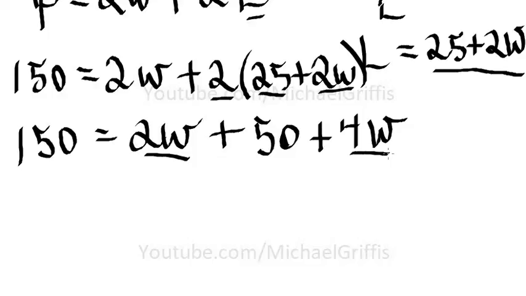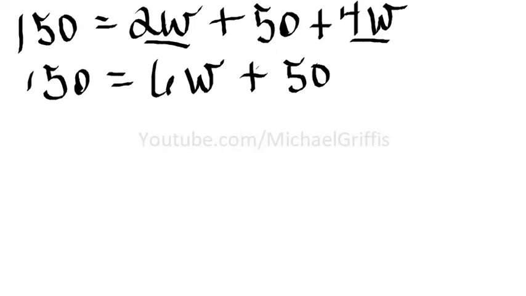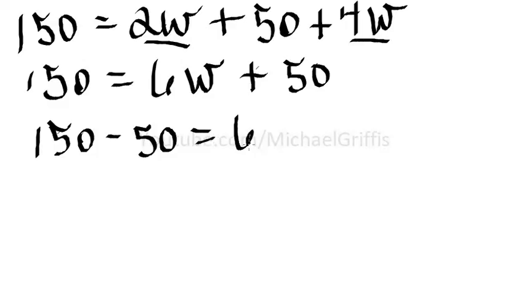We have 2W and 4W. So that gives us 150 is equal to 6W plus 50. Now subtracting 50 from both sides, we've got to isolate that W.